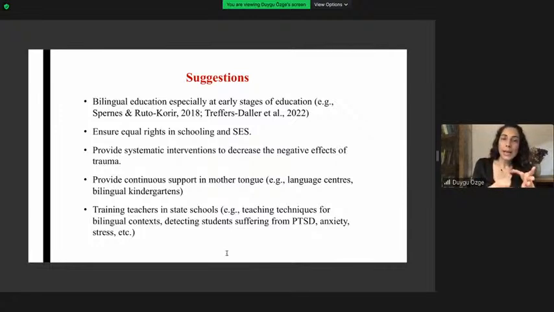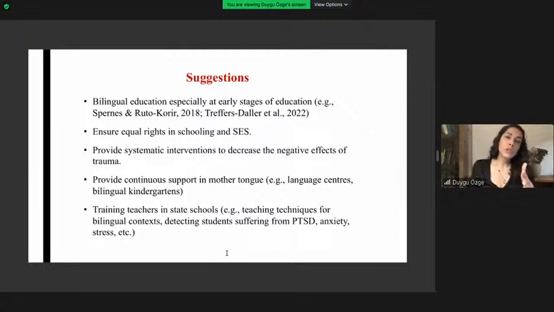So we suggest that especially at early stages of education, children should receive bilingual education, refugees and non-refugees. We should ensure that children have equal rights in schooling, and we should try to increase their socioeconomic status, especially the socioeconomic status of refugee children, because they live much, much below the breadline, as I said.